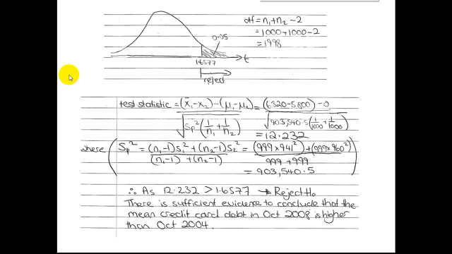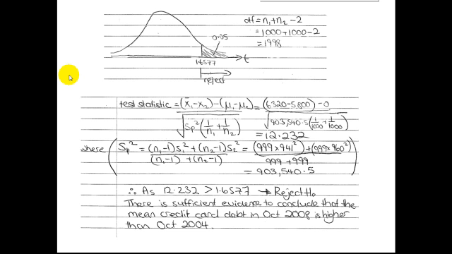And you can see that just below I've done my separate calculation for SP squared. It's going to be n1 minus 1 times s1 squared, so sample variance 1 squared, plus n2 minus 1 times sample variance for sample 2. And then we divide all of that by n1 minus 1 plus n2 minus 1. Putting in all the numbers, remember our sample size minus 1, in this case for both samples it's 999.